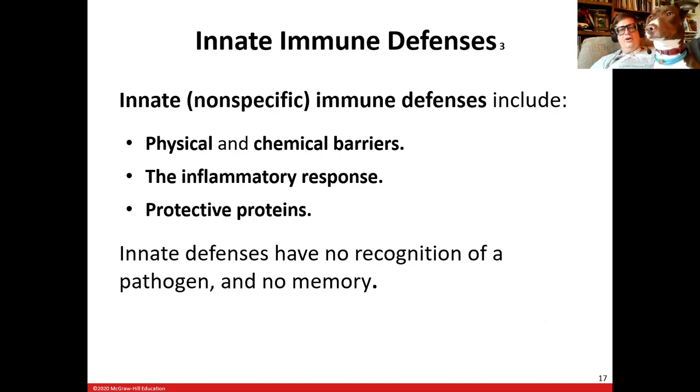So innate or non-specific immune defenses. Examples of that would be physical and chemical barriers. We're talking about things like the skin. The skin is a physical barrier that keeps things out of your body.